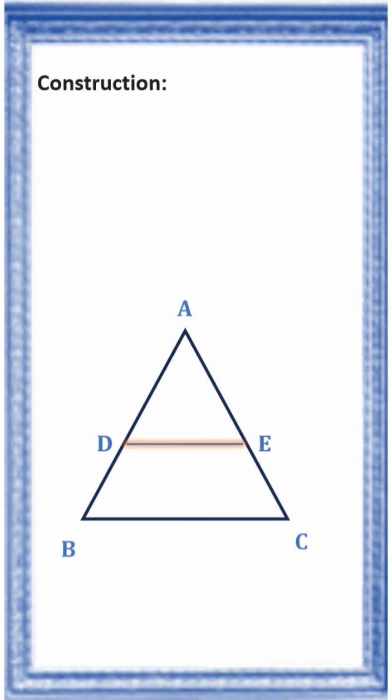Okay. Construction. Now draw a line DF parallel to BC like this. Now proof. Here we don't know DE is parallel to BC, so now we have drawn DF parallel to BC.